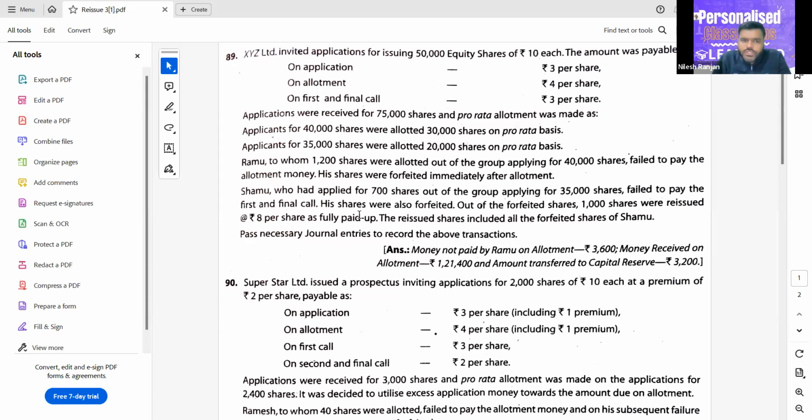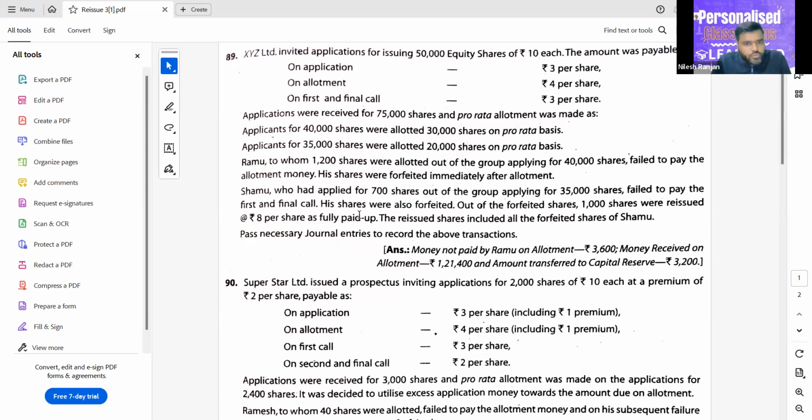So you have to calculate the applied share for Ramu and the allotted share for Shamu. Because when the applied share is given in the question, you have to calculate the allotted share, and when the allotted share is given, then you have to calculate the applied share. Yes, sir, that's all I did.